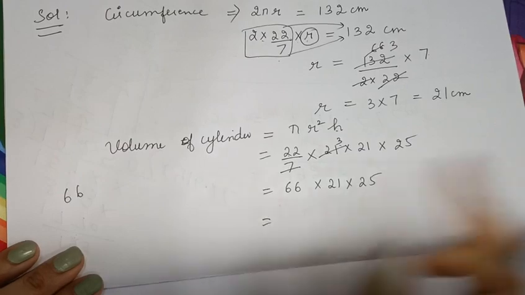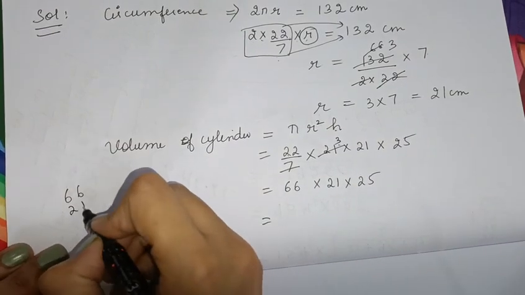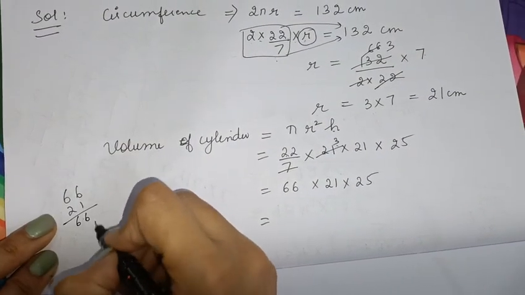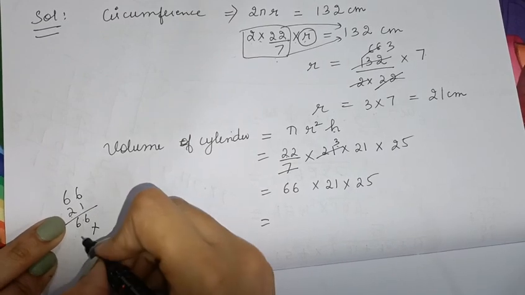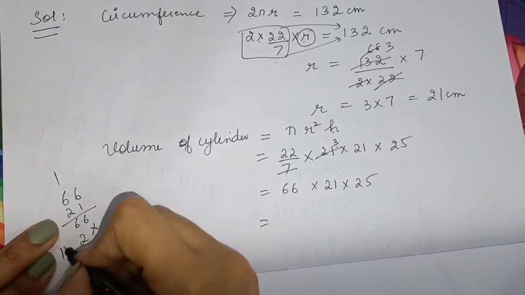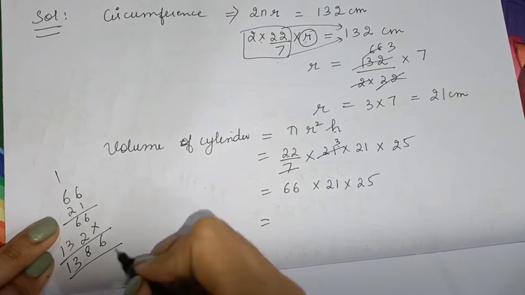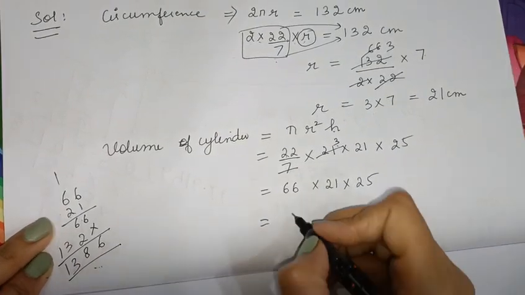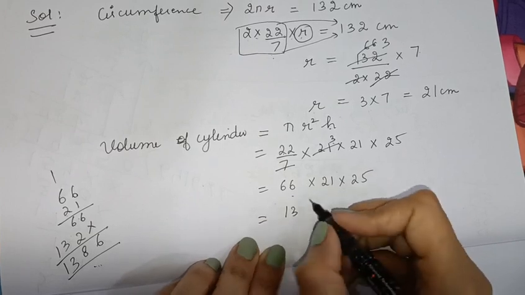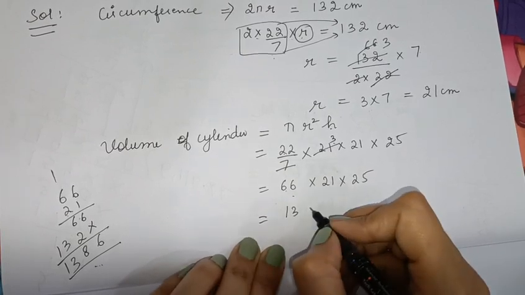So 66 into 21: 2 into 6 is 12, 2 into 6 is 12, 132, 1386. This 1386 is 22 into 3 into 21.